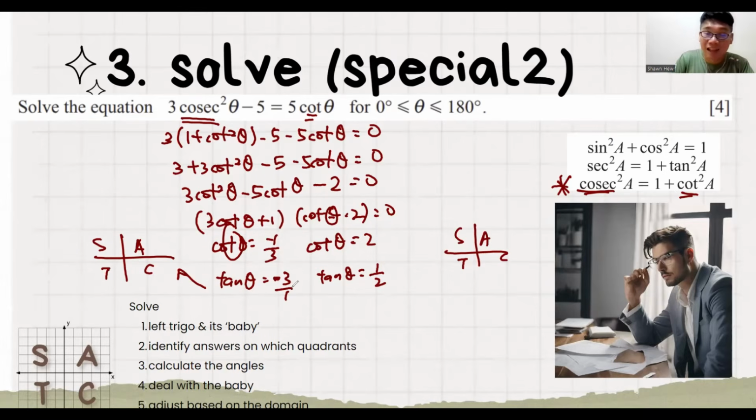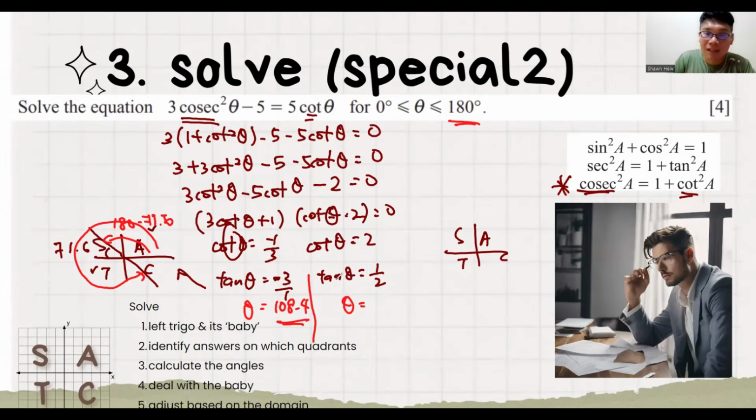Tangent is negative here and here. So you shift tangent of 3, you get 71.6. So your first angle is this. The second angle, 360 minus 71.6, already exceeds 180. So we just need to do the first answer.